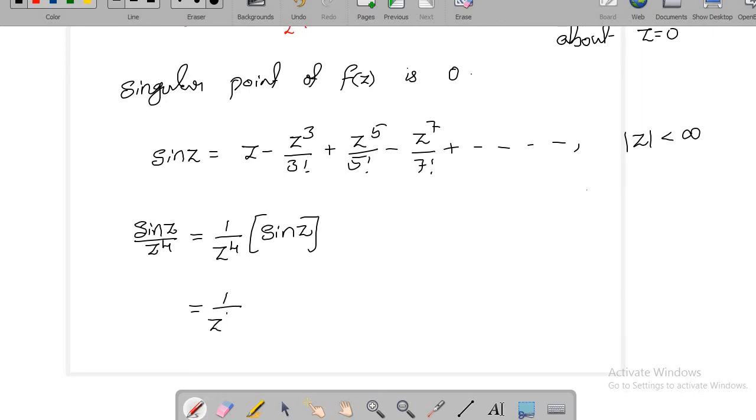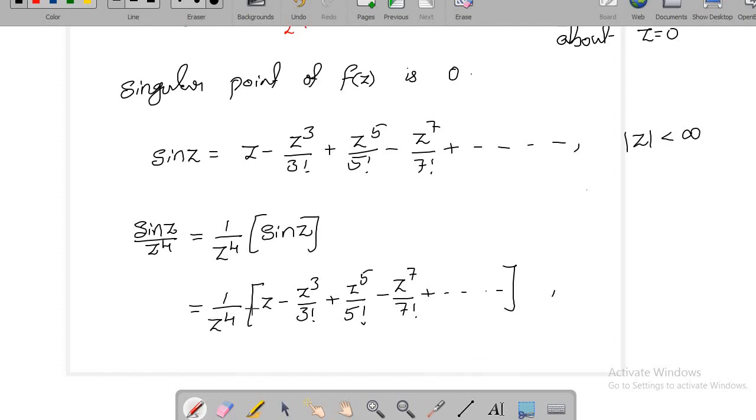So 1 by z power 4 into z minus z cube by 3 factorial plus z power 5 by 5 factorial minus z power 7 by 7 factorial plus and so on.